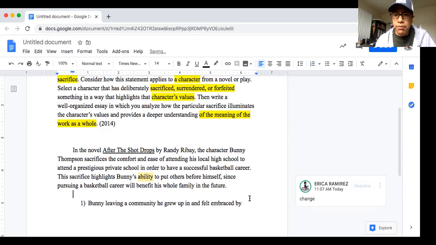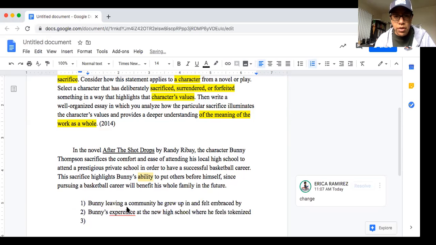The second one is, what did I put? Let's see. Oh, it's his experience at the new high school. So Bunny's experience at the new high school, where he feels tokenized. I'll explain that in that paragraph.